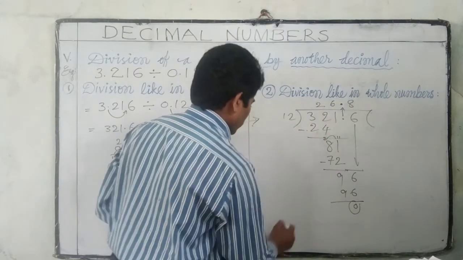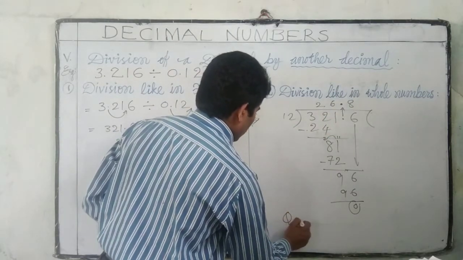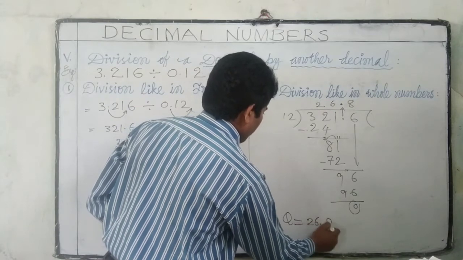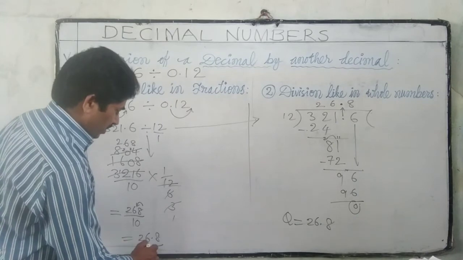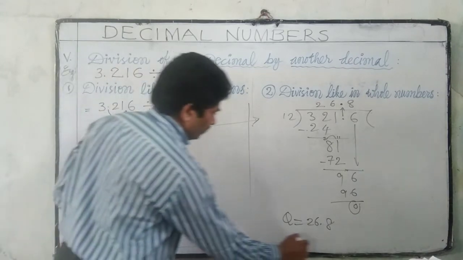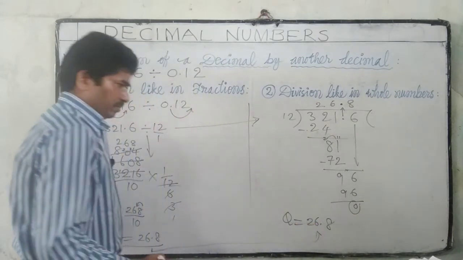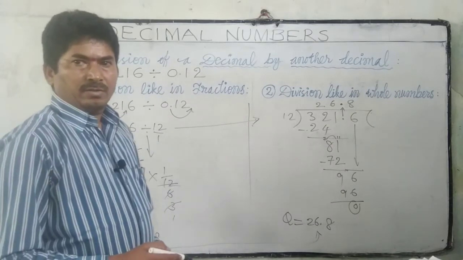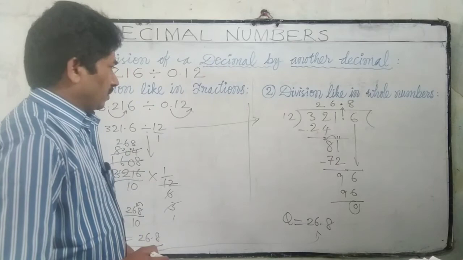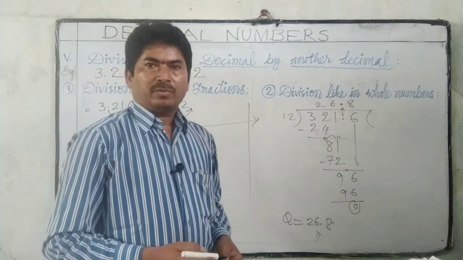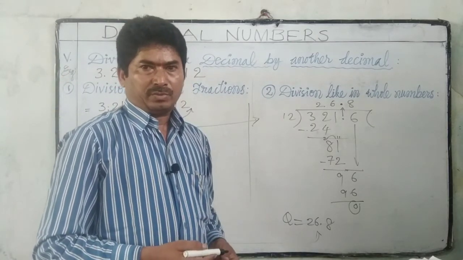So this is the quotient, 26.8. We can check these two answers. In both methods we got the same answers. So use whichever is easy for you.